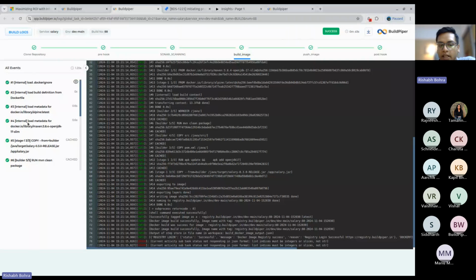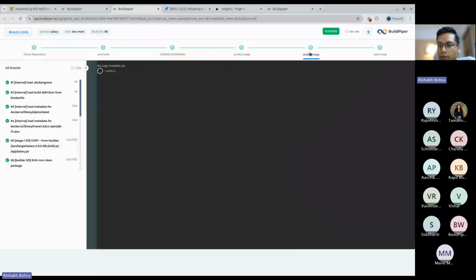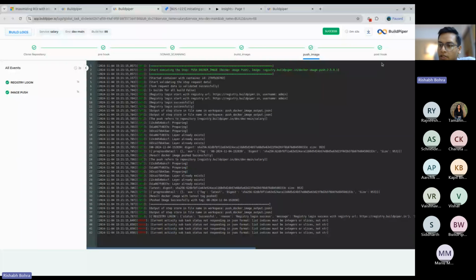So all these events again are listed here, which you can see on the left side panel. Those events are being continuously scanned in Build Piper itself, and then the image is being pushed, and then if you want to run any post actions, those could be executed as well.